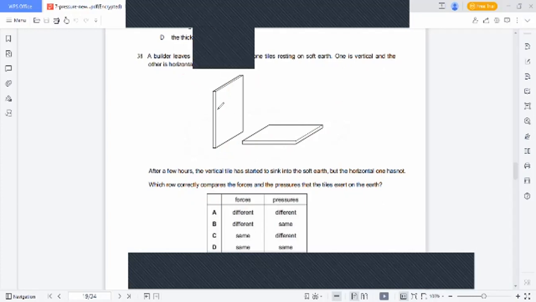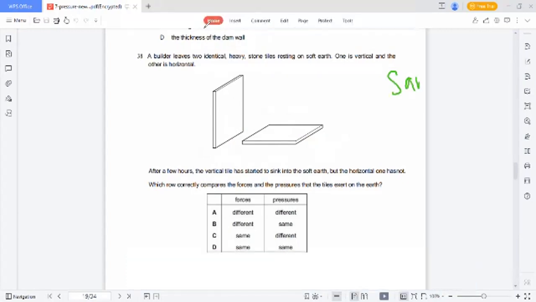You can see both tiles are the same, whether horizontal or vertical, which means both have the same weight.